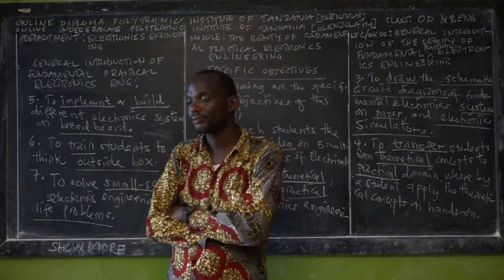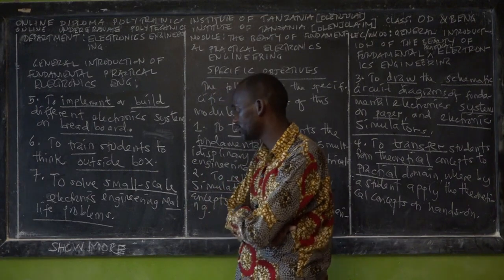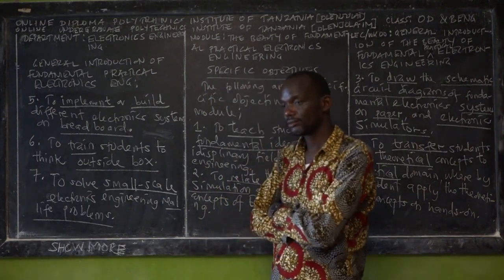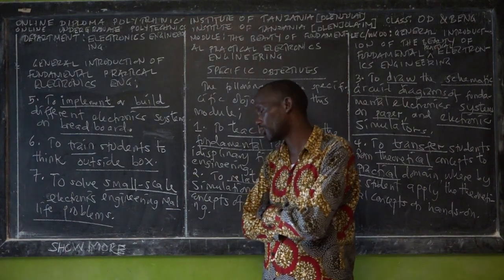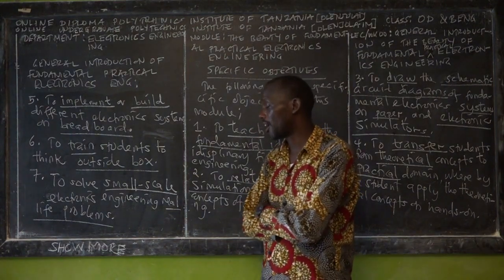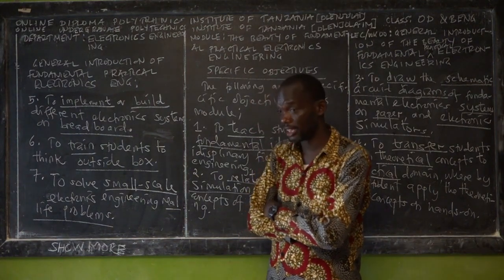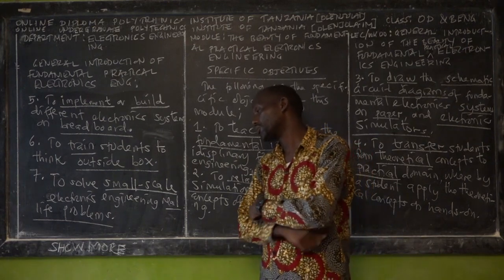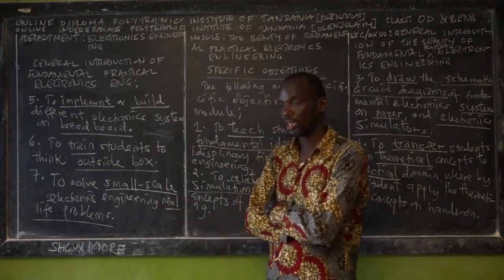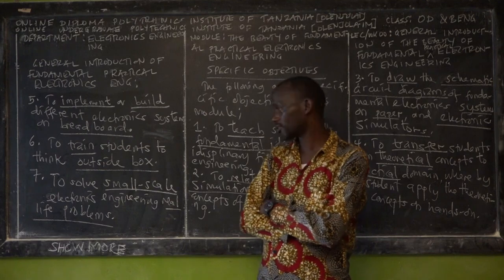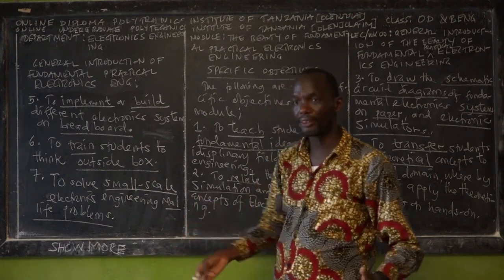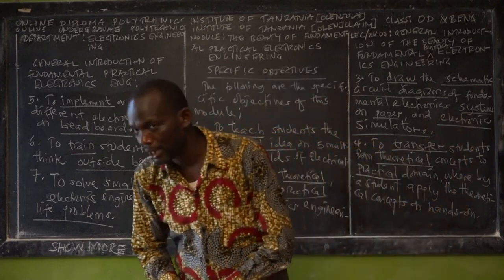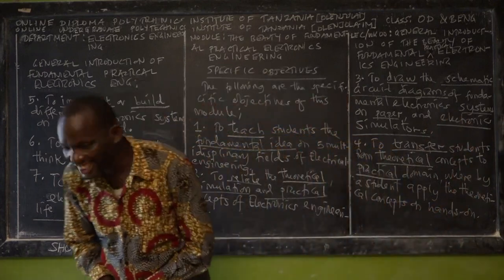From the 7th objective, I wish to know those small-scale electronic engineering real-life problems. Thank you for your question. We have our last chapter, the 12th chapter of this module, where I'll mention those small-scale real-life problems. But I can give you one example: any electronic system needs power.